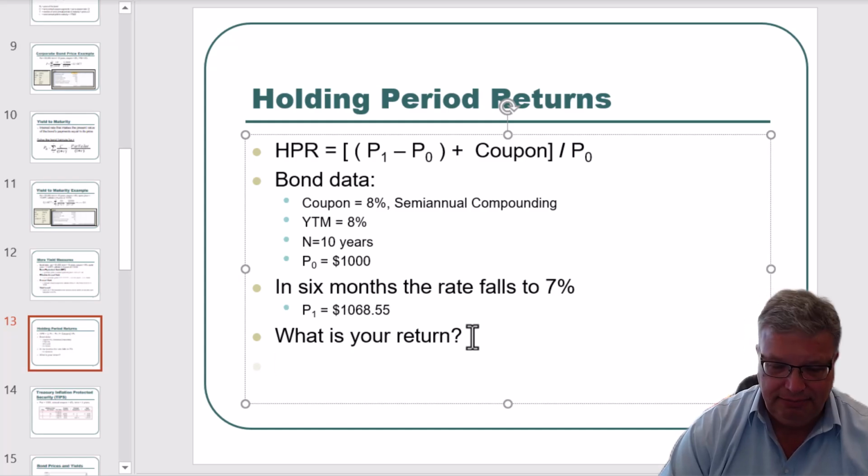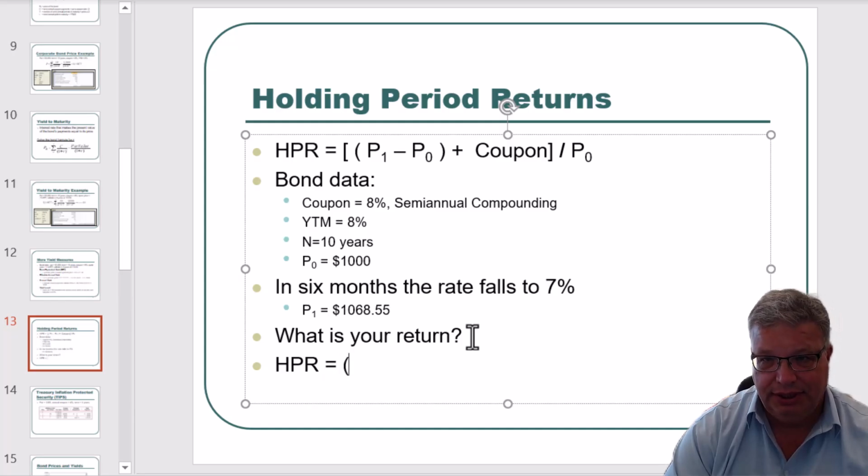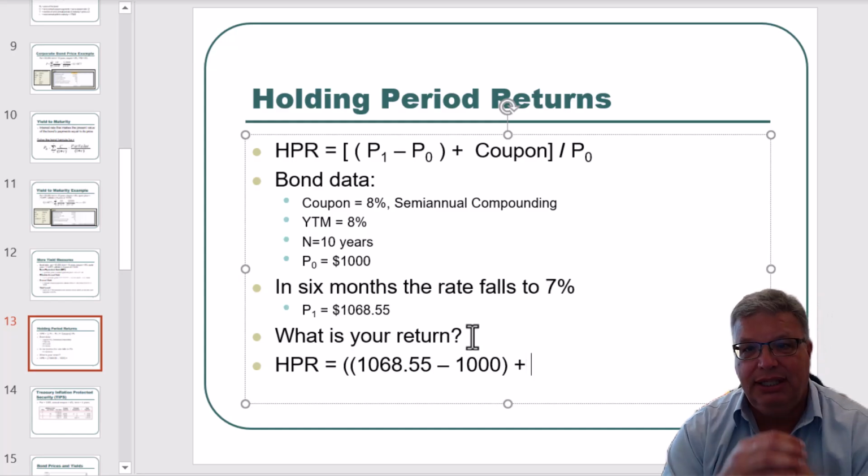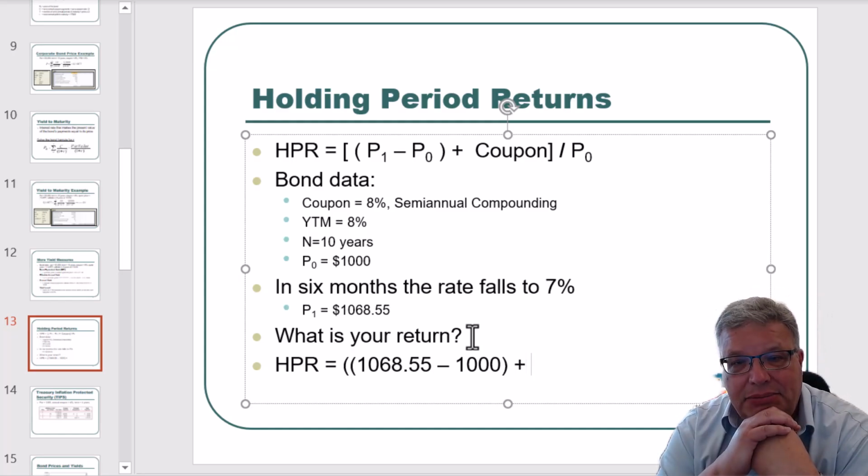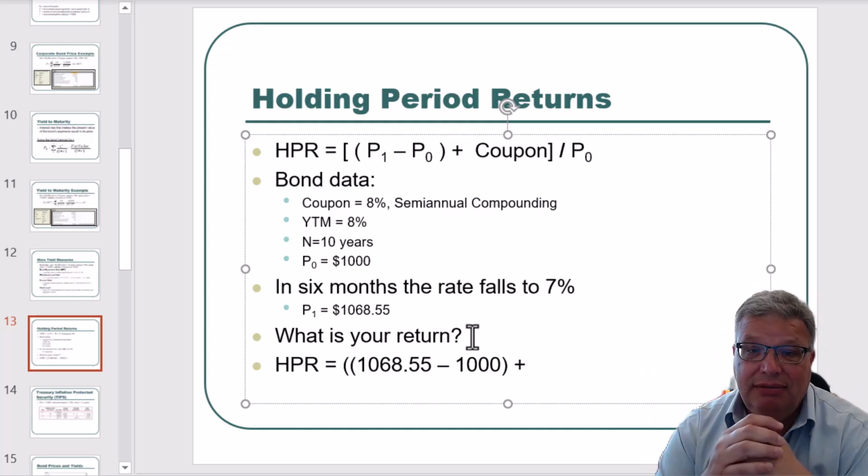So P1 in this case is the ending price, so it's 1068.55, and we subtract the initial price, which was given as 1,000, and then we add to that the coupon, and in this case it's a coupon of 8%, right?